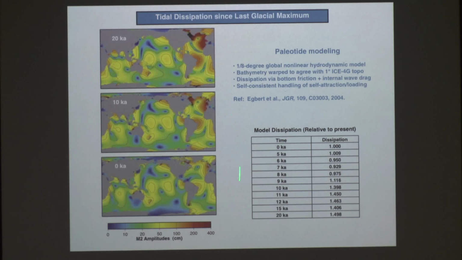This seems to be a robust result. It has been done by a number of different models. Everybody sees that during the last glacial maximum, the tides in the Atlantic were a lot larger than they are now. The Pacific tides didn't change all that much. But the Atlantic tides, which are sort of semi in resonance now anyway, did change a lot.